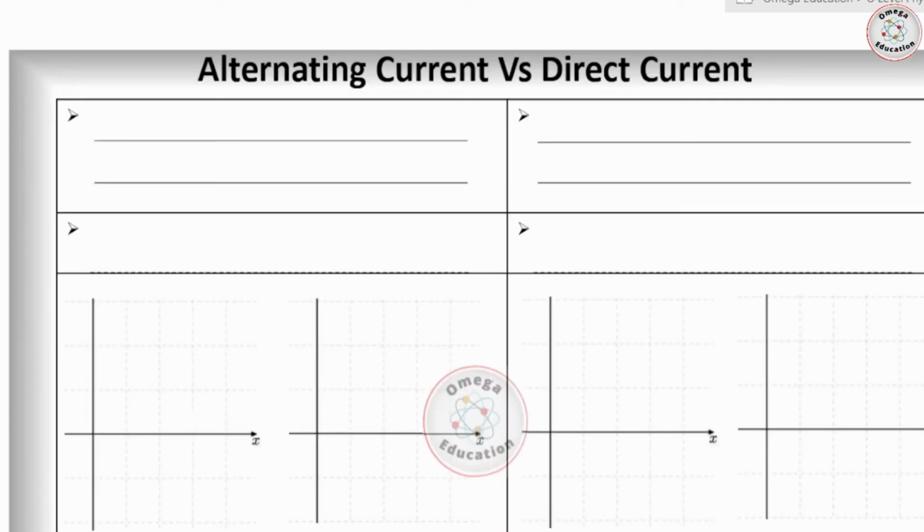All right, the next thing that we have is alternating current versus direct current, AC versus DC. First of all, we'll be defining it the way that we should be defining in terms of the key terms and the keywords proposed by the Cambridge.